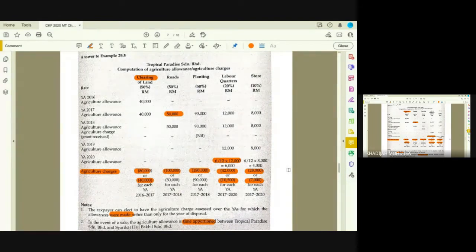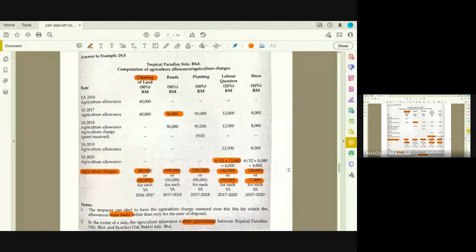It means that whatever allowance that you have claimed will be treated as charges in the year of disposal. So the first option is that whatever you have charged there, 80,000, 100,000, 180, 42,000, 28,000, all that total will be given as a charge in YA 2020. So when you have a charge in YA 2020, everything is charged in YA 2020, a lot.